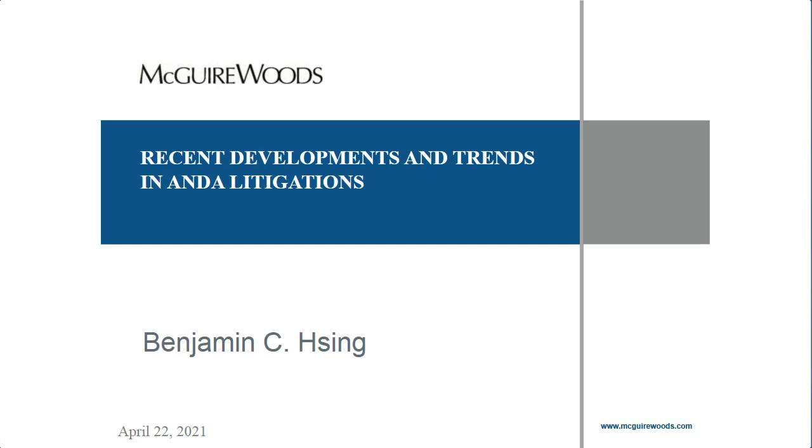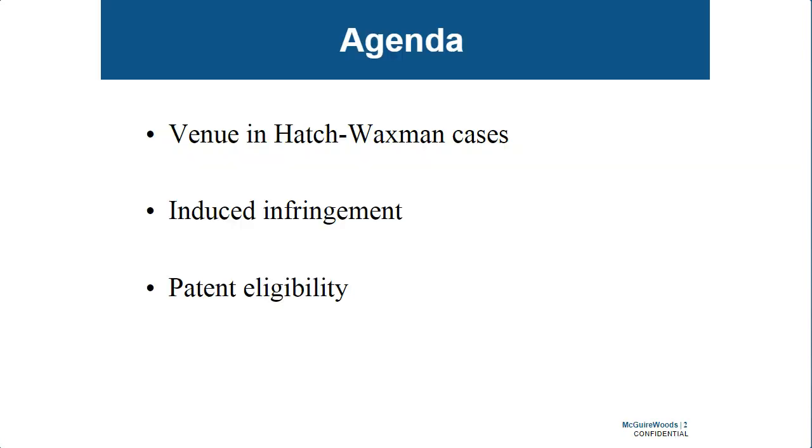So today's agenda is I want to talk about three main areas, which are the sort of hot button issues in ANDA litigation. First, I want to talk about venue in patent cases, Hatch-Waxman cases. You would think that since the Hatch-Waxman Act was enacted in 1984, almost 40 years ago, we should know by now where we can sue generic drug companies.